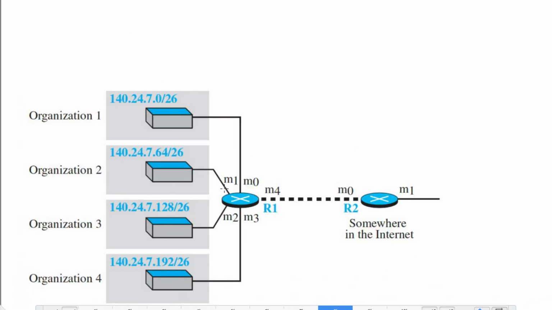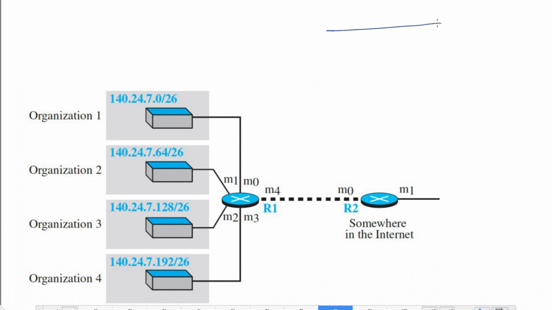Now let's look at this configuration. Here I have one router, R1, which is connected to these four organizations, and there is another router, R2, which is connected to R1 and to the outside world. Now I want a routing table for R2.